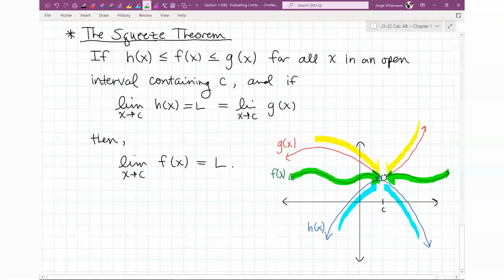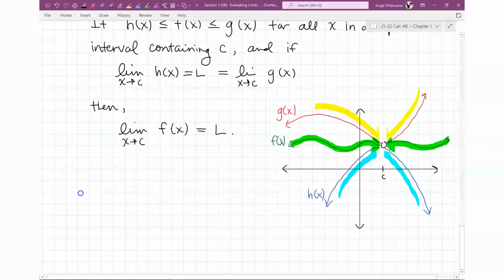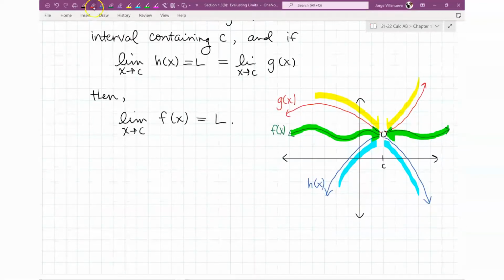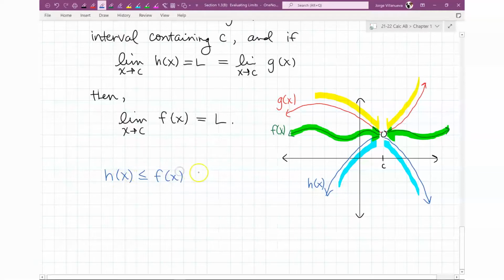Now let me do it a little bit more algebraically. They said h of x is less than or equal to f of x less than or equal to g of x, and they said that the limit as x goes to c of h of x equals L equals the limit as x goes to c of g of x.